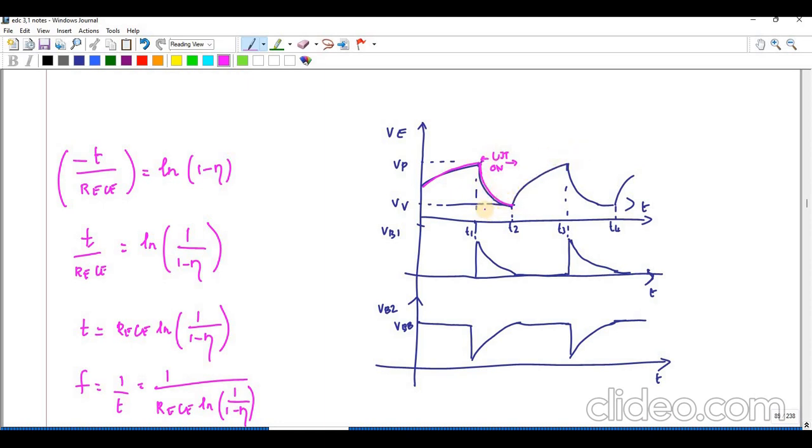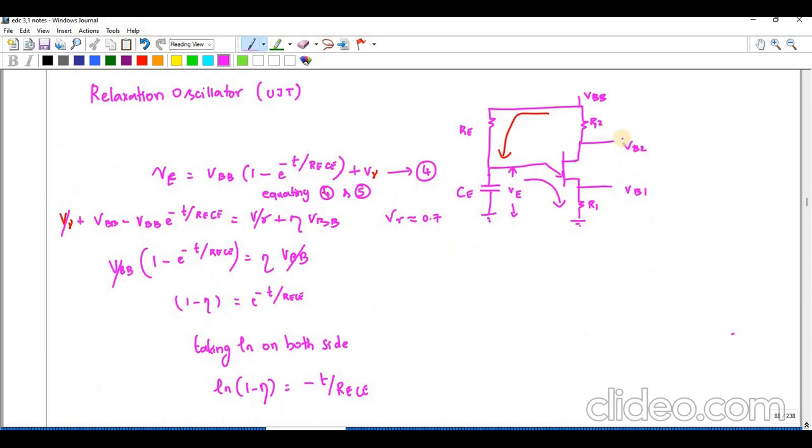So you can see, since here only the UJT is turned on, and I already told you that VB1 is 0 till the transistor gets turned on.